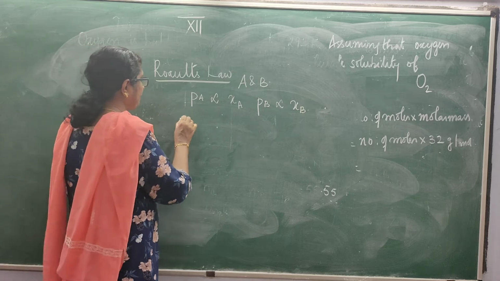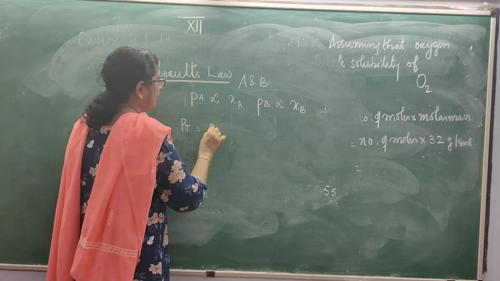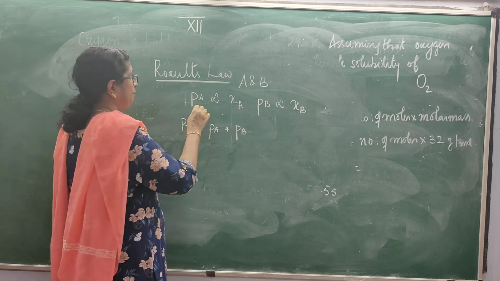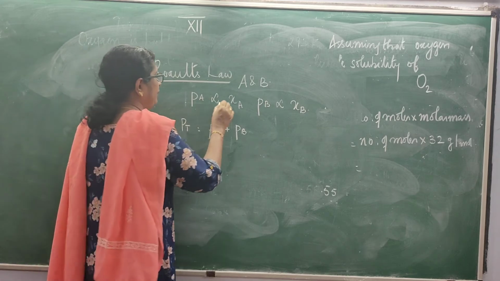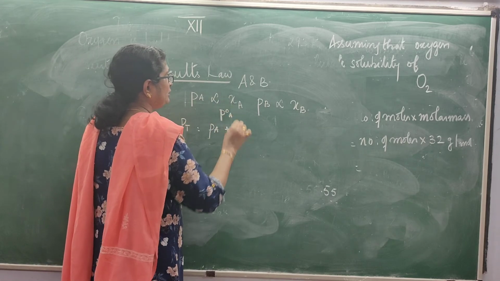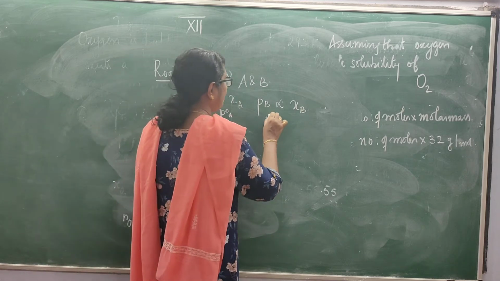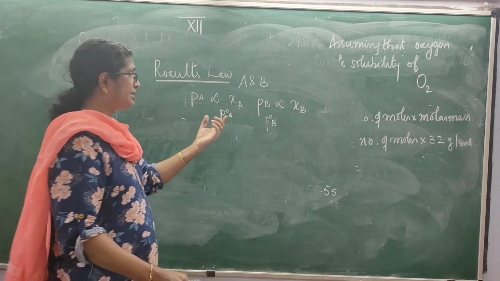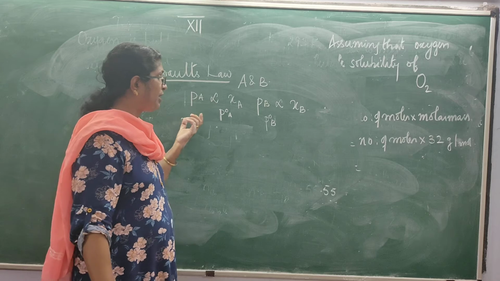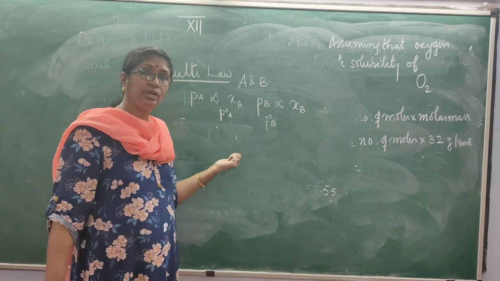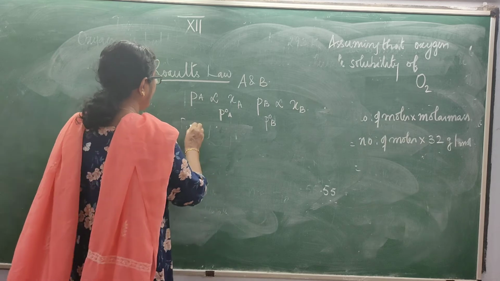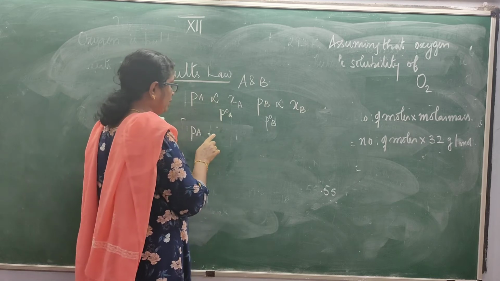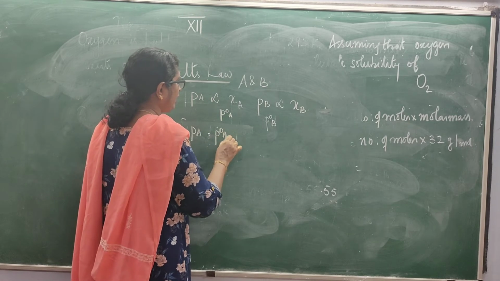Then what is our total vapor pressure? P total is equal to PA plus PB. Now what is PA? If P naught A is the vapor pressure of the pure component A and P naught B is the vapor pressure of the pure component B, then we can write PA, directly proportional to XA, equal to a constant times XA.